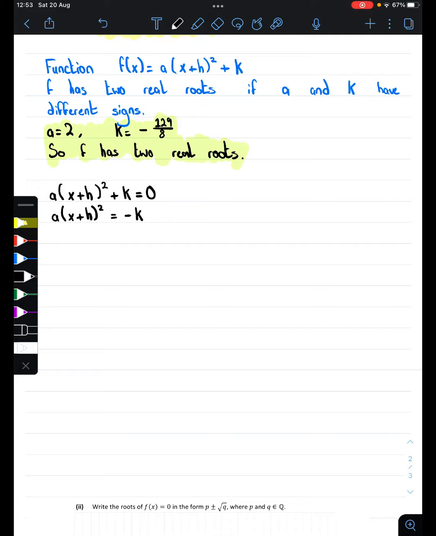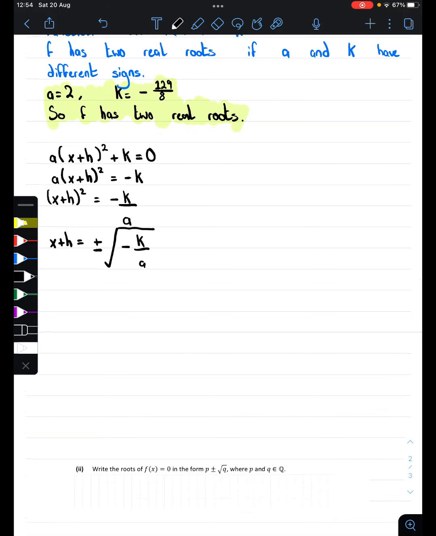Now we divide by a, so (x plus h) squared equals minus k over a. And now we square root both sides: x plus h equals plus or minus the square root of minus k over a.